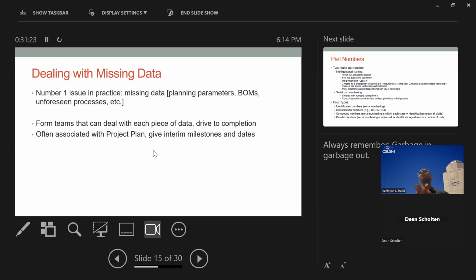If it's somewhere else, you need to try to get it. You need to ask people based on their experience. There might be people that know where that information is recorded in the system or how you can find it. Worst case scenario, you just ask an expert for those values, somebody who has been around in the company for a long time.